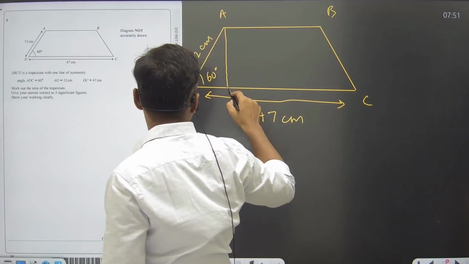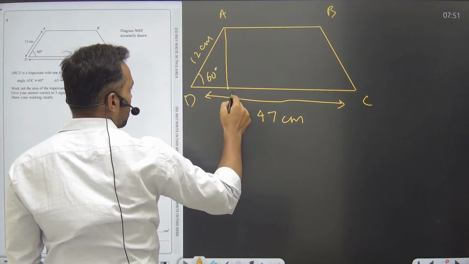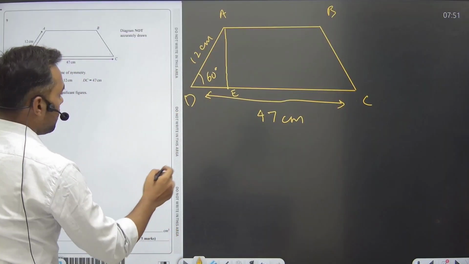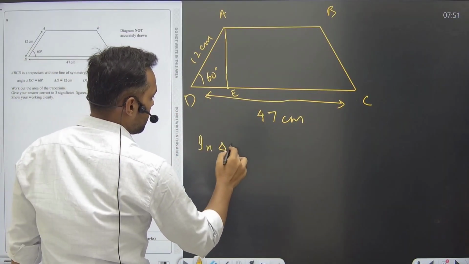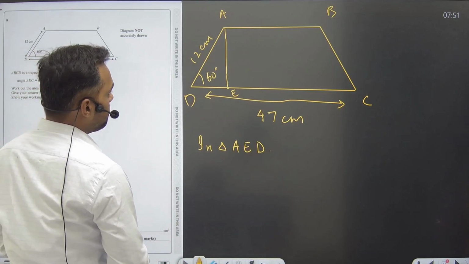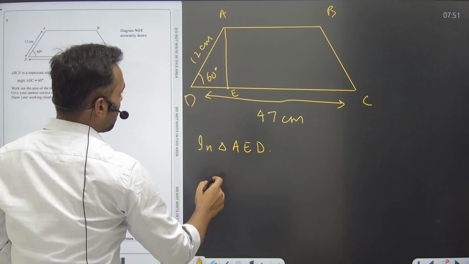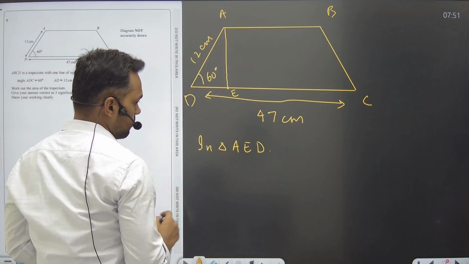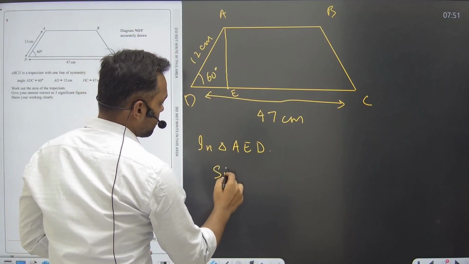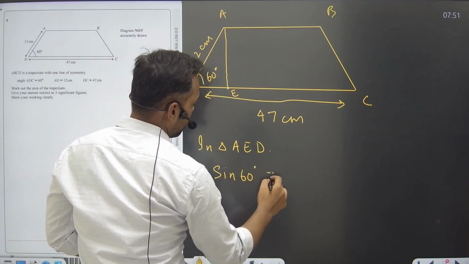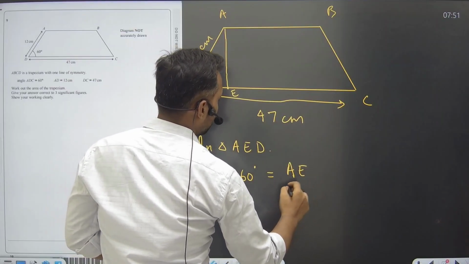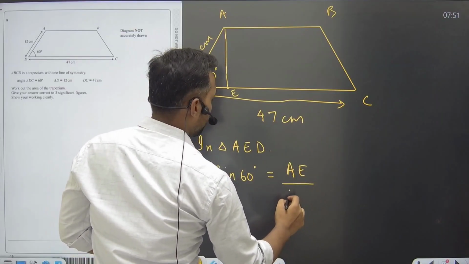Now first of all name this point as E. Okay, now in triangle AED, what will be the value of AE here? If I apply the formula sin 60 equals AE upon AD.